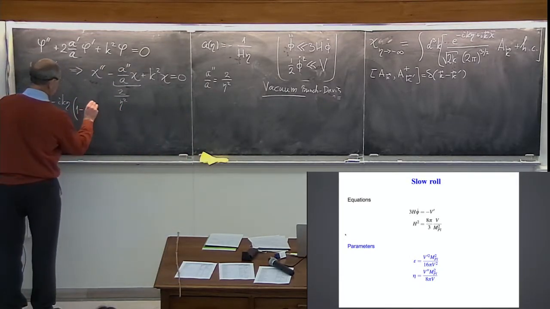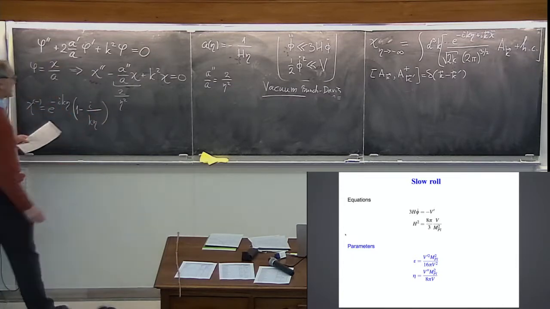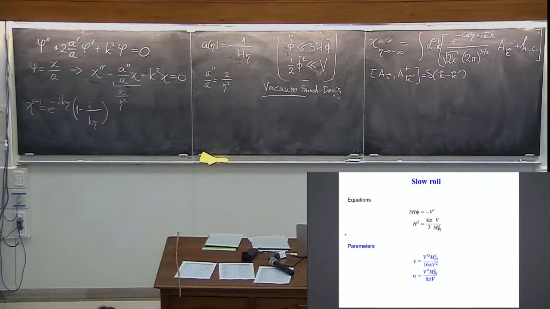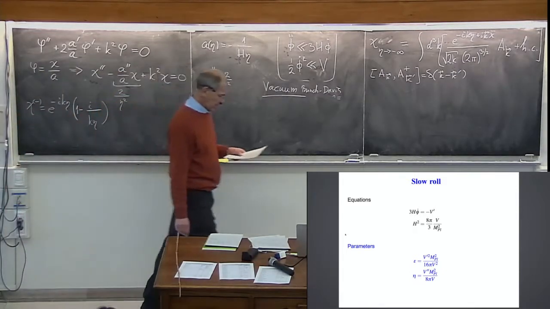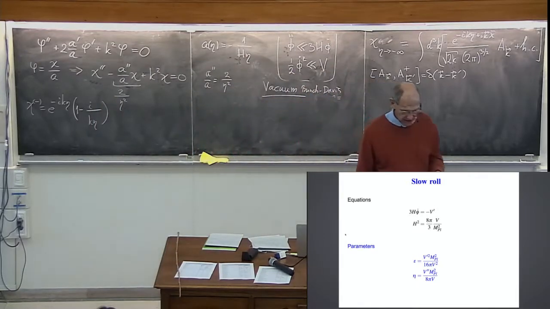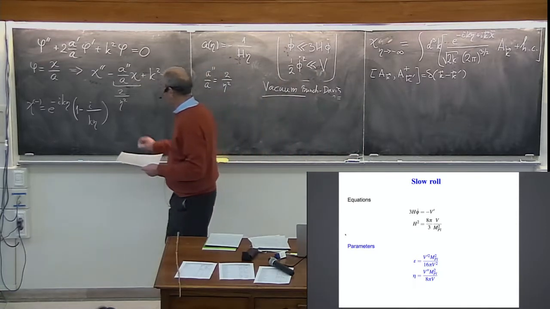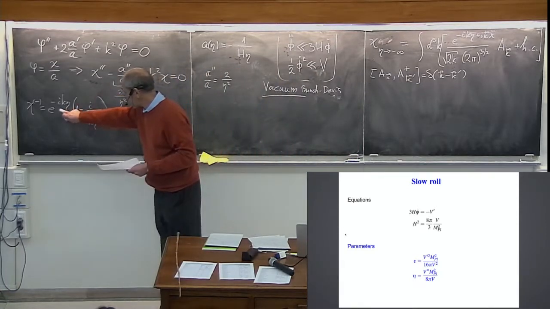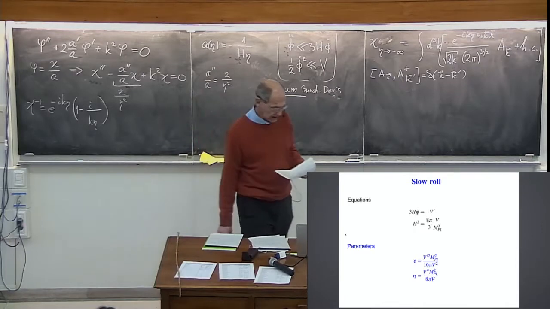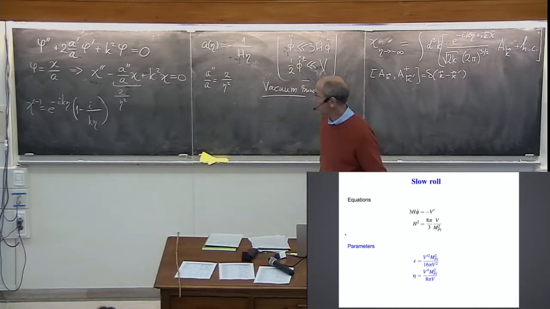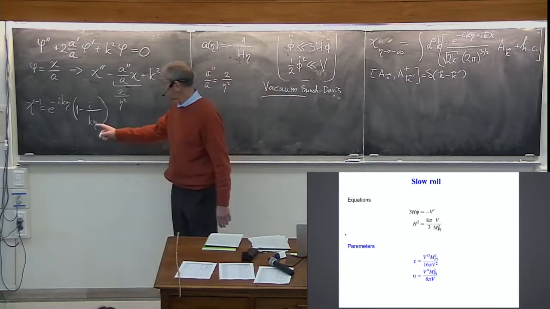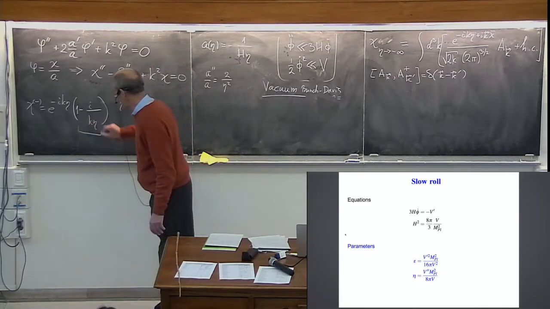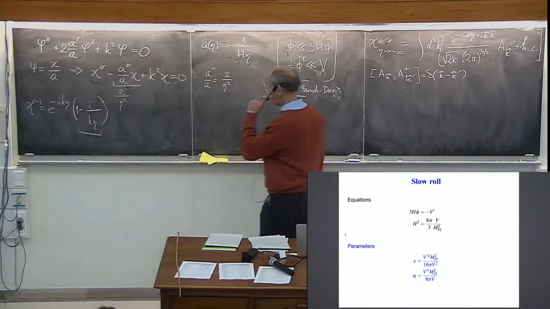The solution is actually this, 1 minus i over k eta, and that's the Hankel function of 3/2 index. So that's the solution to this Bessel equation here, which indeed oscillates like e to the minus i k eta at large eta. But once you're in the superhorizon regime, then this term dominates.